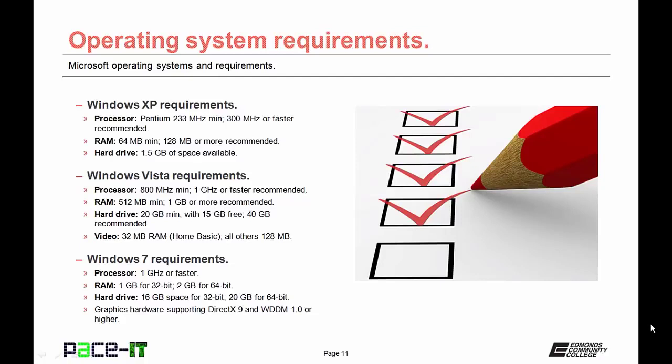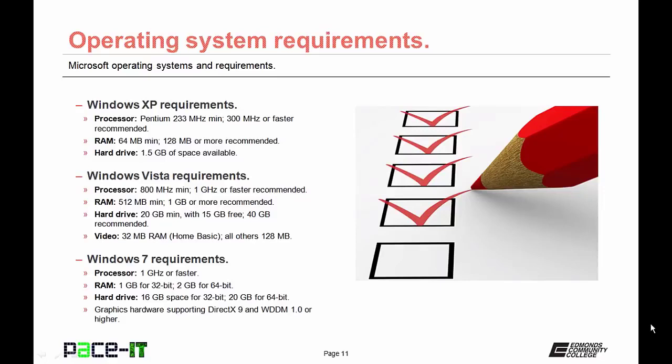The RAM requirements also ramped up substantially. The minimum amount of RAM was 512 megabytes, with 1 gigabyte or more recommended. For the first time, Microsoft required a minimum hard drive size, and that was 20 gigabytes, with 15 gigabytes of that being free.